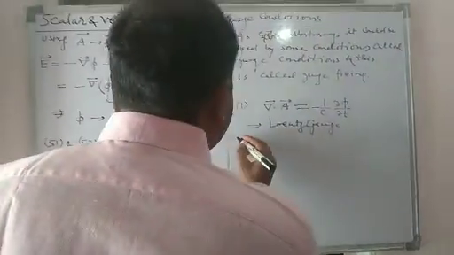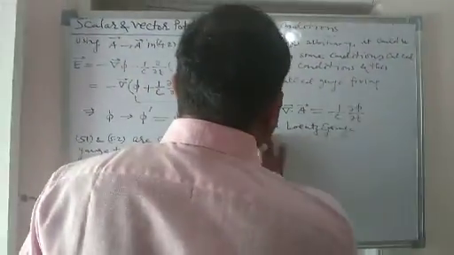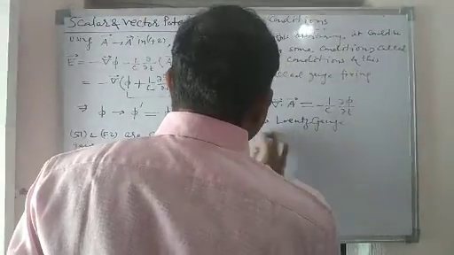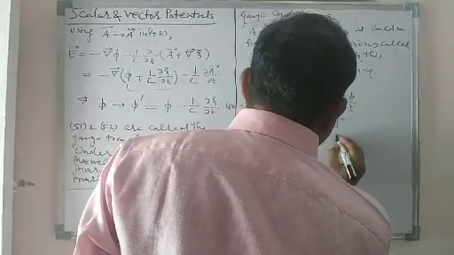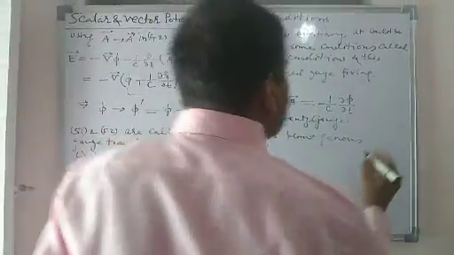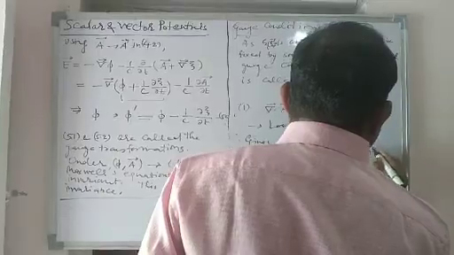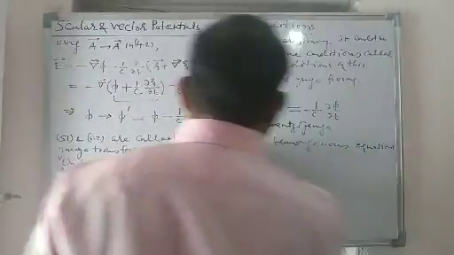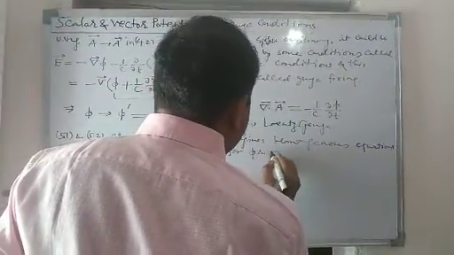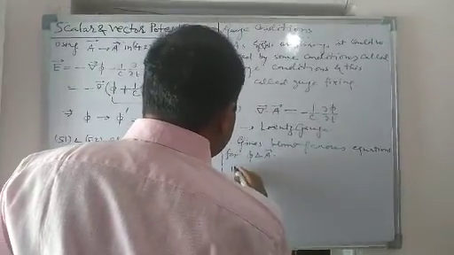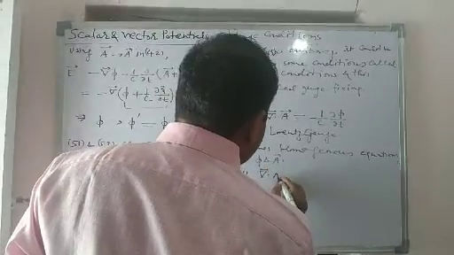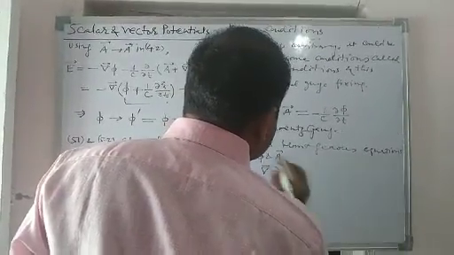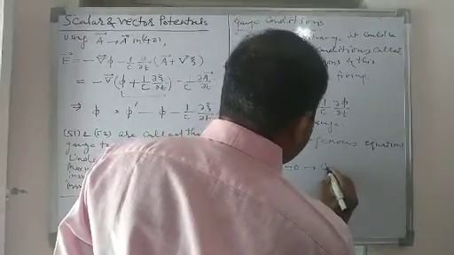Okay, and then the other choice. This Lorentz gauge gives homogeneous equations for phi and A. And then the second choice is that the divergence of A is 0 itself, and that is called the Coulomb gauge.